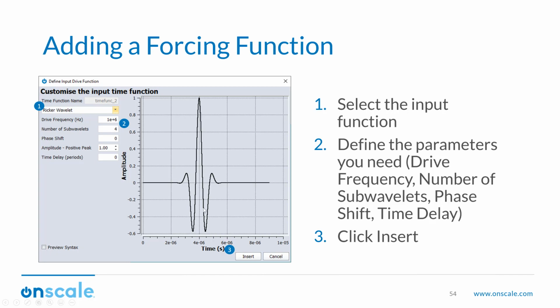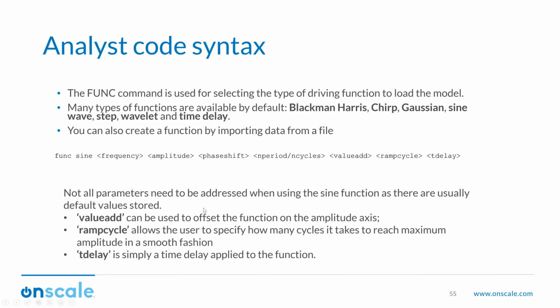Now in Analyst code, this will look like this. You'll have a func command, which represents this drive function, and it has a certain number of parameters. Some of those you see here are the frequency, the amplitude, the phase shift, and the number of period cycles.